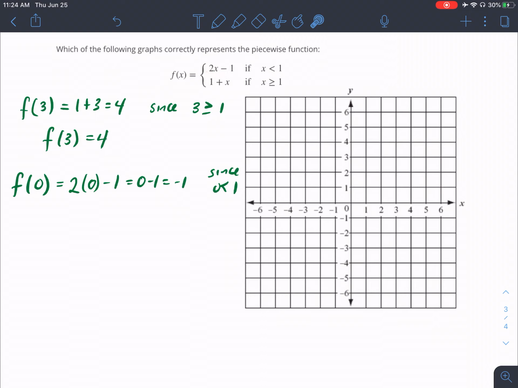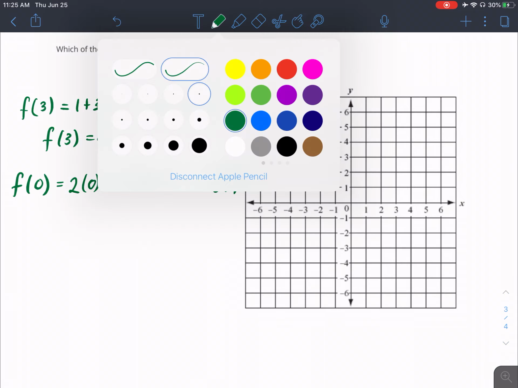Okay? So in terms of graphing, imagine you're being asked to graph both of these linear functions, but this part of the graph will only correspond to x values greater than or equal to 1, and this part of the graph will only correspond to x values strictly less than 1. So let's see how we would do that.